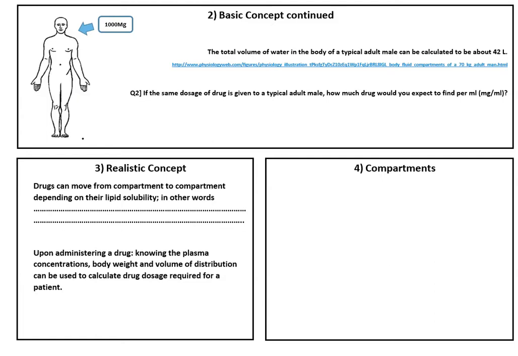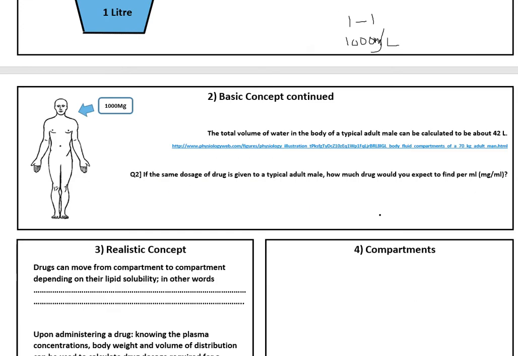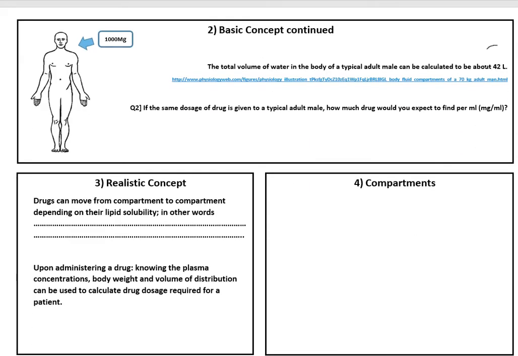So the average adult male's body, apparently according to this website, contains 42 litres of fluid.